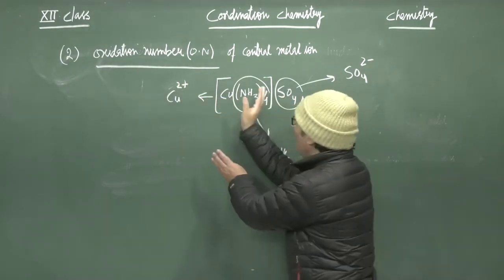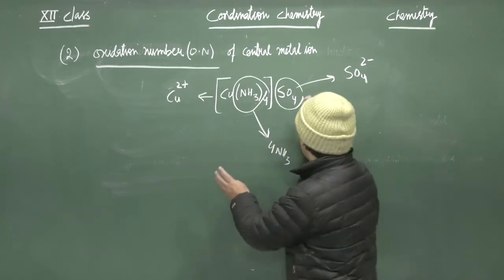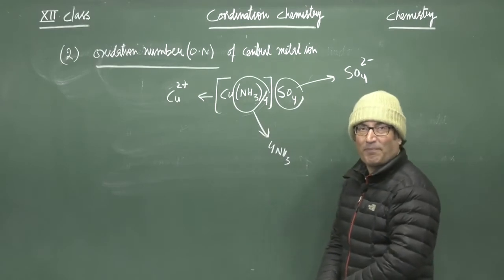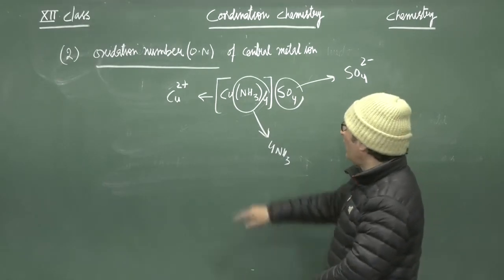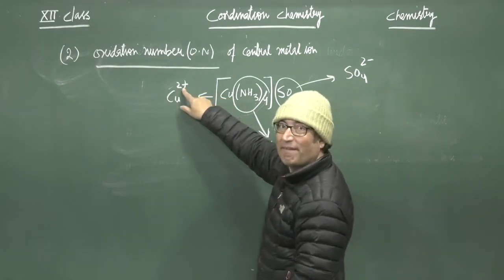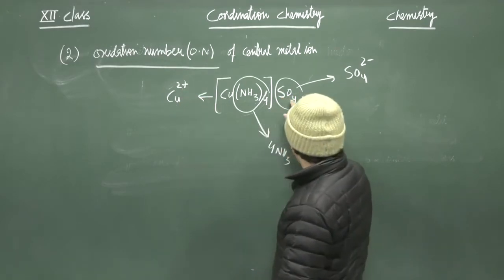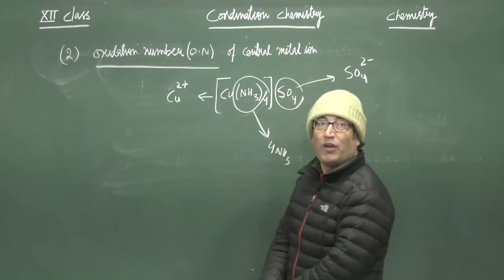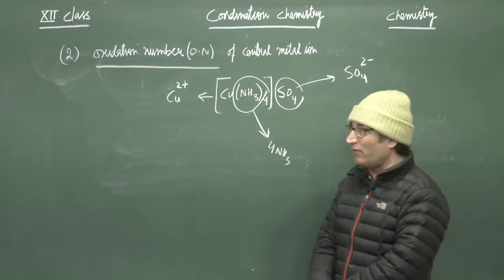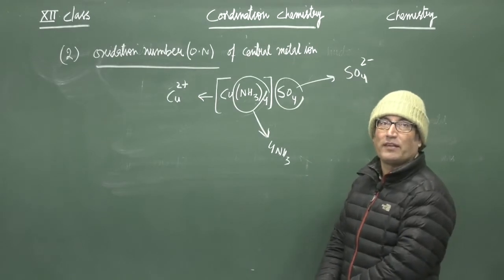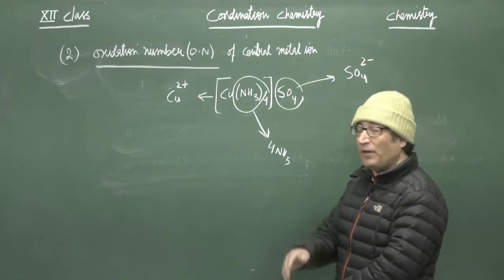Now you combine them again. 4 ammonia and 1 sulfate will leave you with no charge. So how do you define it? The residual charge left on the central metal ion when all the species are removed from the coordination compound is called its oxidation number. I will repeat.